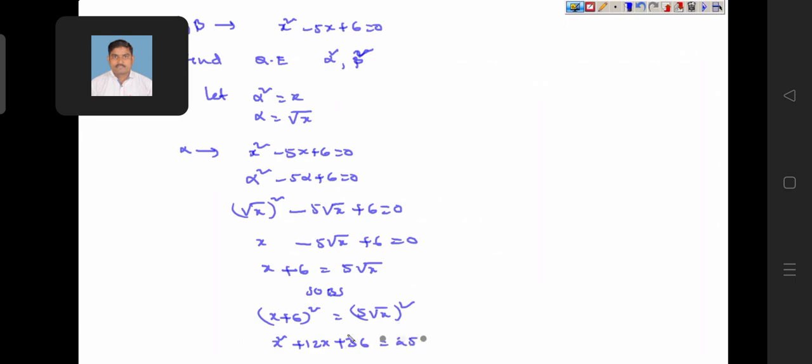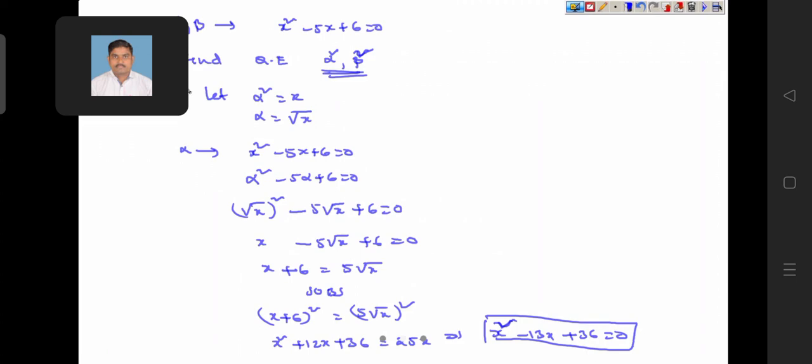This 25x also will be sent to the right side. That implies what you will get? x square plus 12x minus 25x is minus 13x, plus 36 is equal to 0. So this is the transformed equation with respect to the given quadratic equation under this condition.